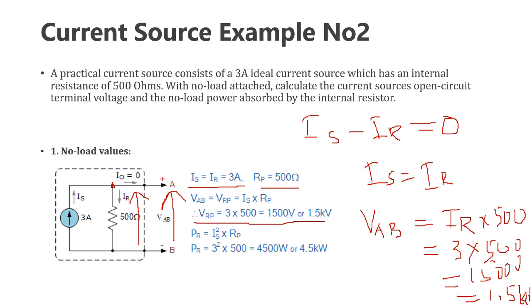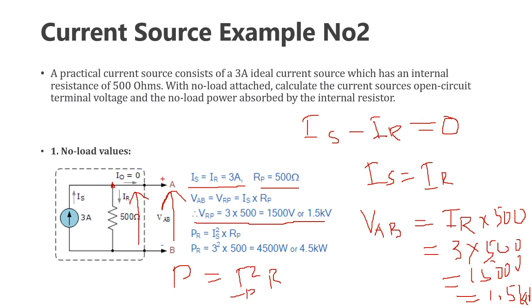Then we have to find the power dissipation. The power dissipation we can find using this equation. P will be equal to I squared R. Here the current is IR, therefore IR squared.